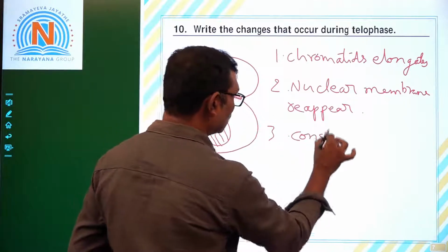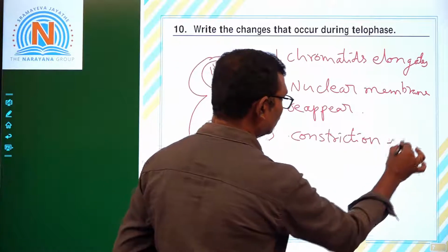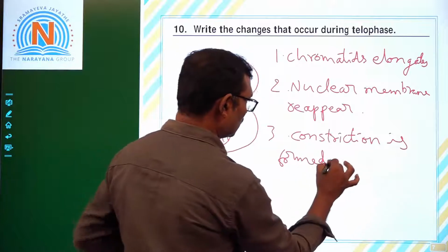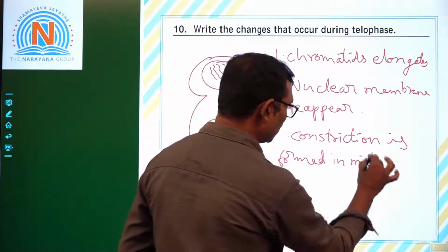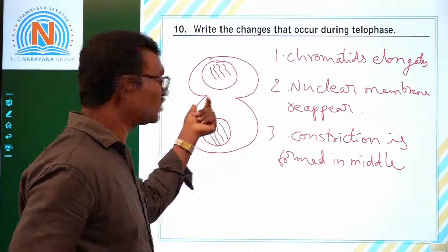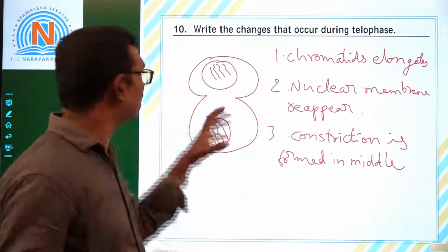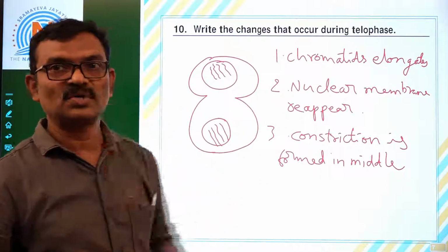Constriction is formed in the middle of the cell. This constriction is called furrow, otherwise pinch. A pinch is formed in animal cells to divide the cell into two daughter cells.